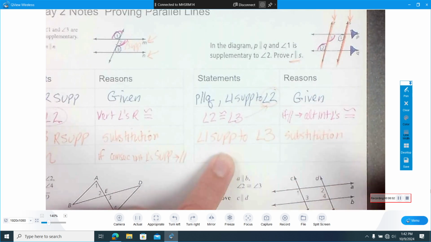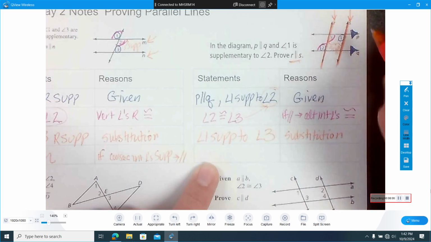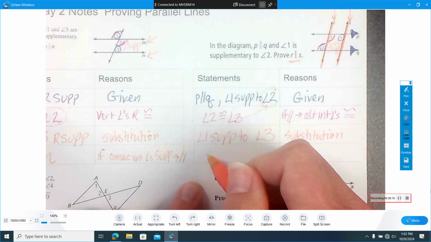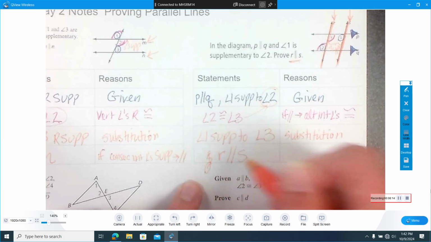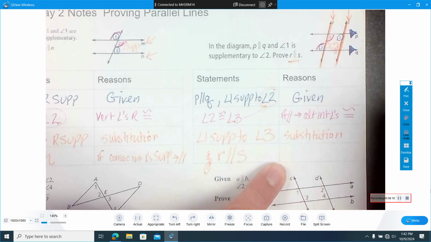Okay. Now, if 1 and 3 are supplementary, what do we have? Parallel lines. So I'm looking at the wrong thing. R is parallel to S. How do we know they're parallel?